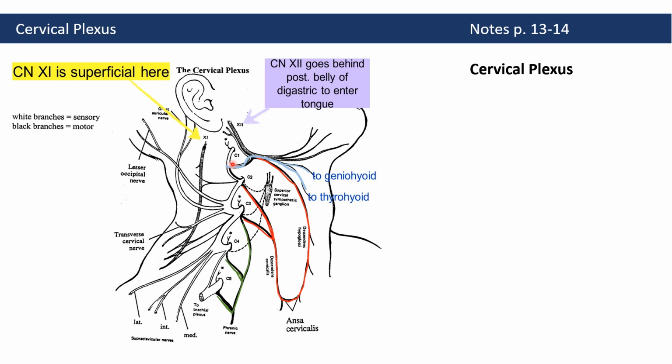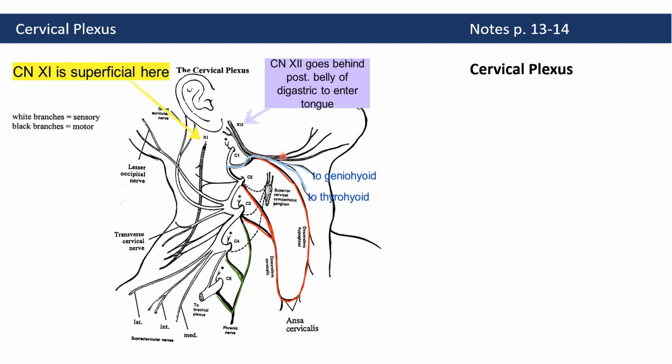The thyrohyoid muscle is innervated by C1 fibers that don't join that loop, but instead travel with the hypoglossal nerve, which is here, for a period of time. Then those C1 fibers innervate the thyrohyoid and also the geniohyoid, which is one of our suprahyoid muscles that we discussed before.